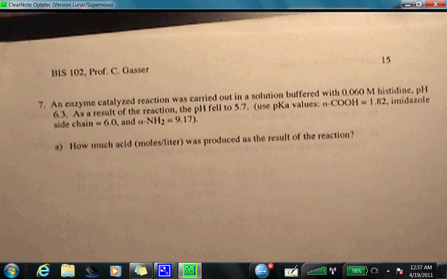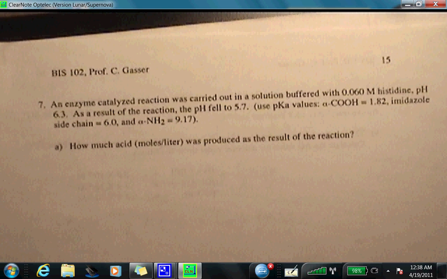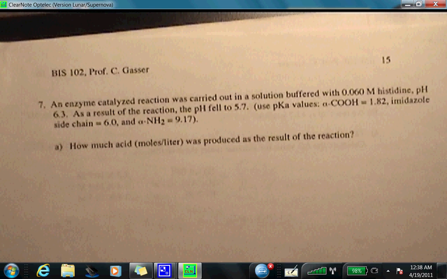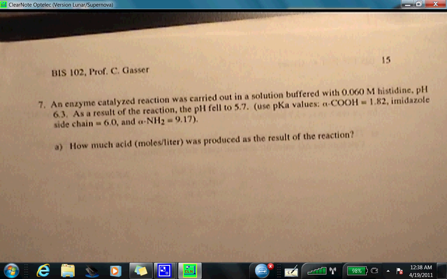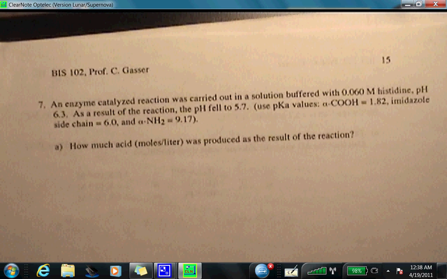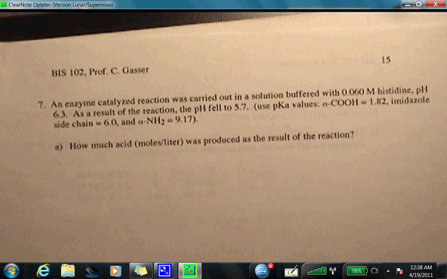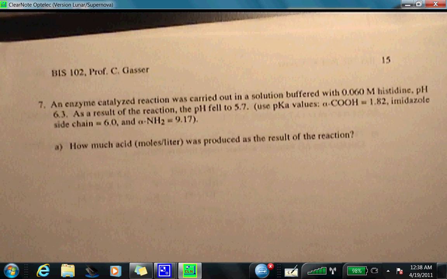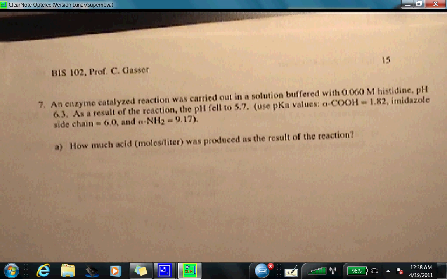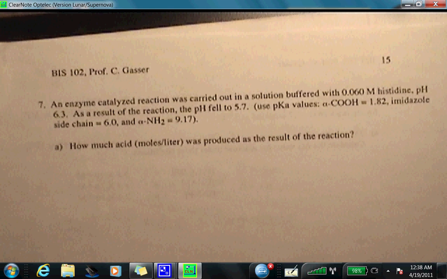Use pKa values: alpha COOH equals 1.82, the imidazole, sorry, I'm really bad with pronouncing, I'll just say R group, side chain is 6.0, and the NH2 is 9.17. How much acid, in moles per liter, was produced as a result of the reaction?